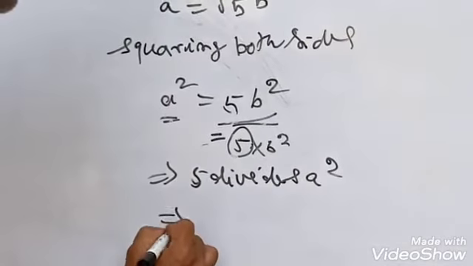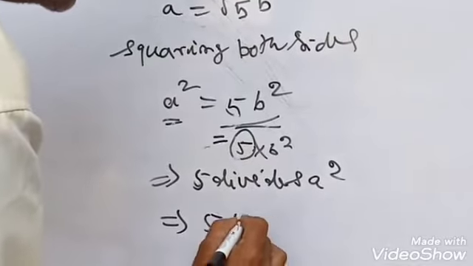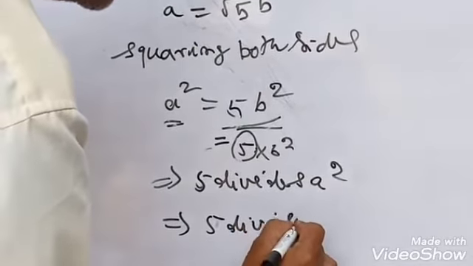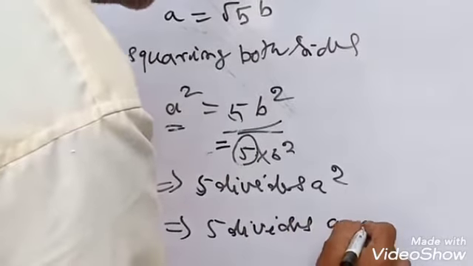This implies 5 divides a square, and so 5 divides a also.